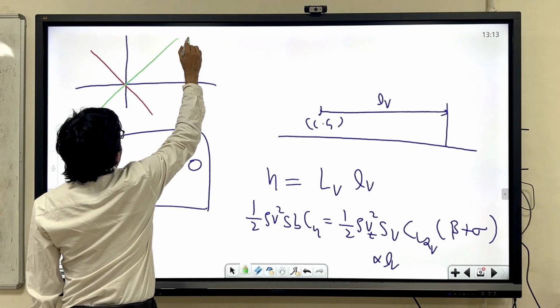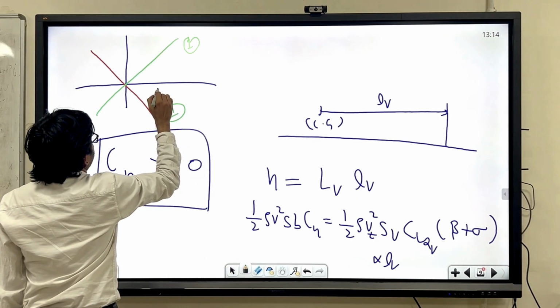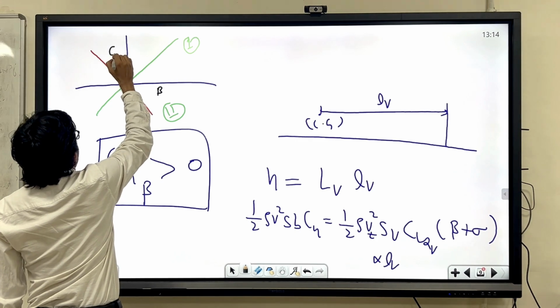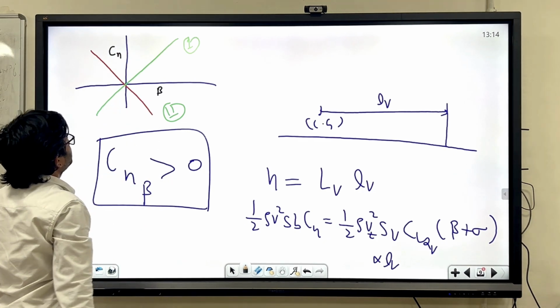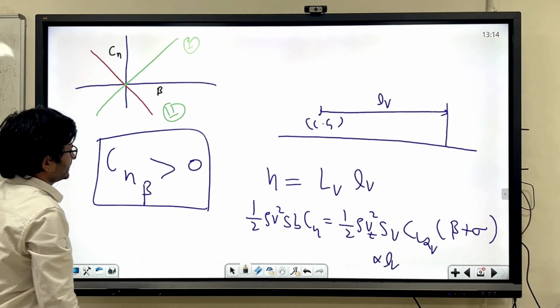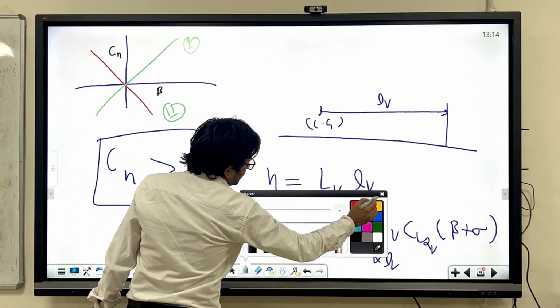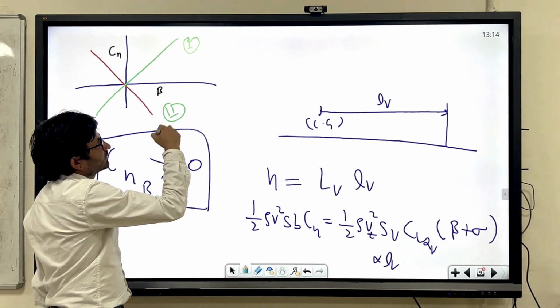This is, let's say, the first case, this is the second case, beta on this axis and Cn on this. So which case will be the positive, which case will be stable, which case unstable? First one, right?